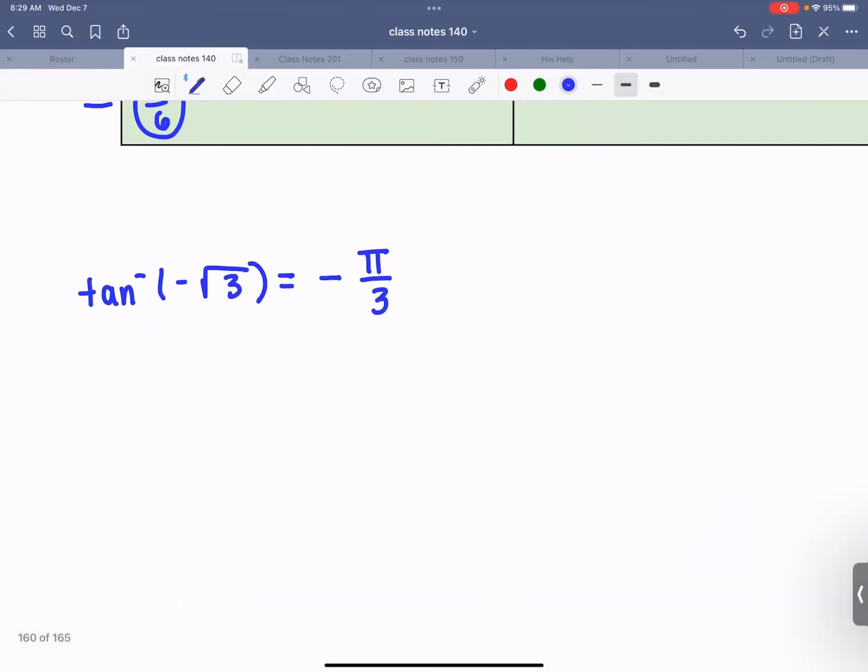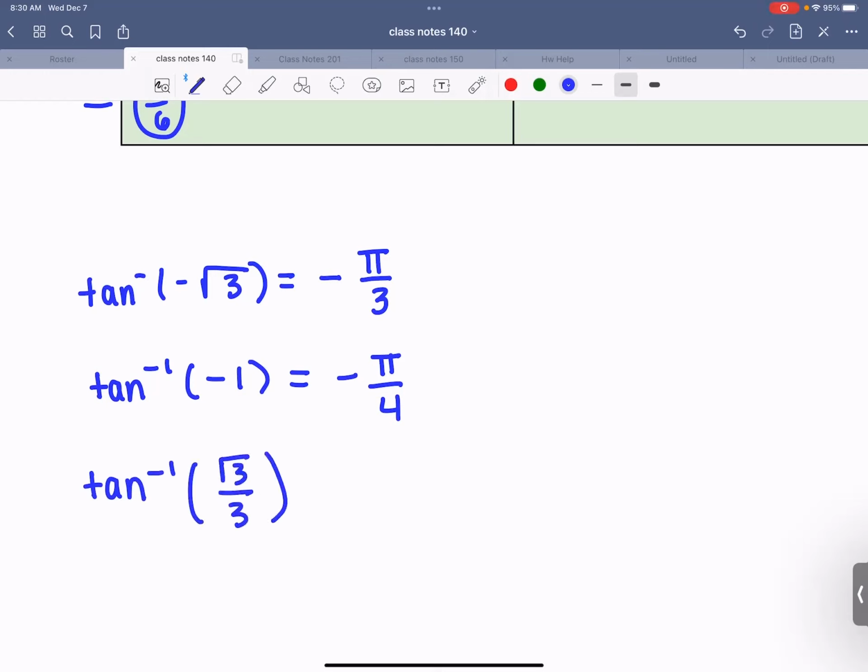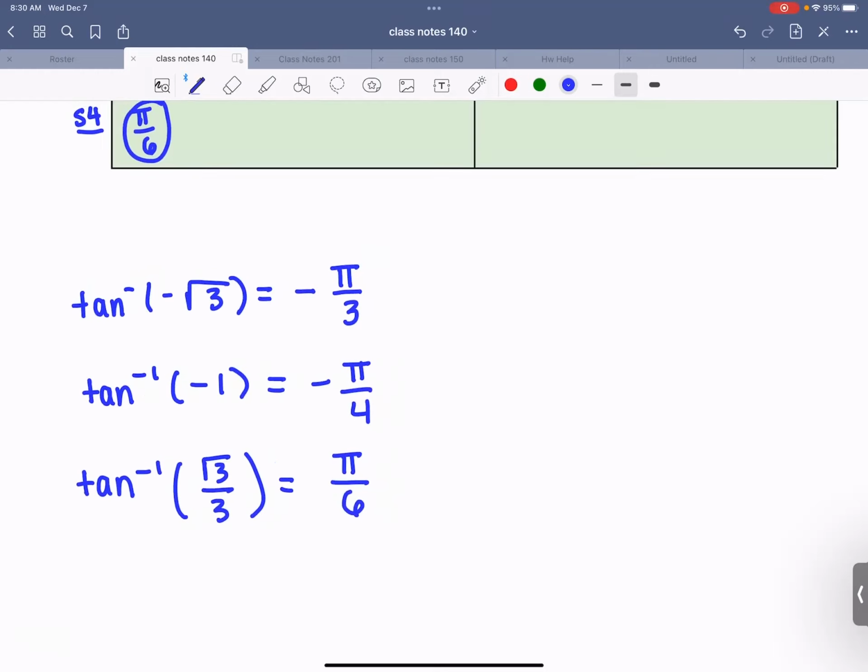Now, in example 8, we did the inverse tan of negative 1, and we said that was negative pi over 4. In example 9, we did the inverse tangent of positive root 3 over 3, and we got pi over 6. Now, I know we didn't do a lot of inverse tangent questions, but let's see if we can see a pattern here.